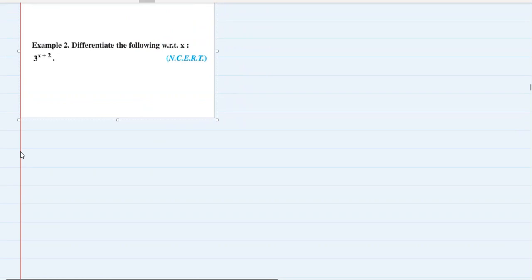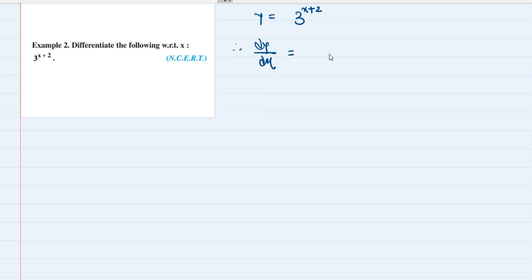Differentiate the following with respect to x. So we have an exponential function. Okay, so let y is equal to 3 raised to x plus 2. Therefore, dy by dx, differentiating both sides with respect to x, we get. So how to differentiate this?